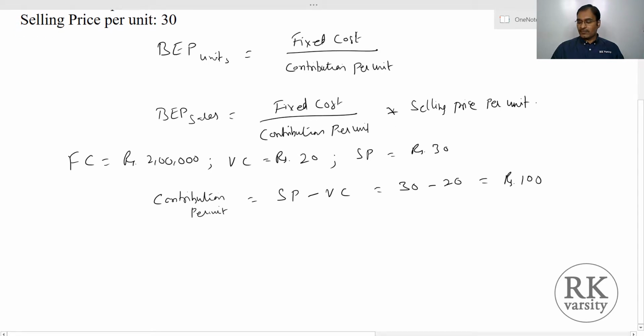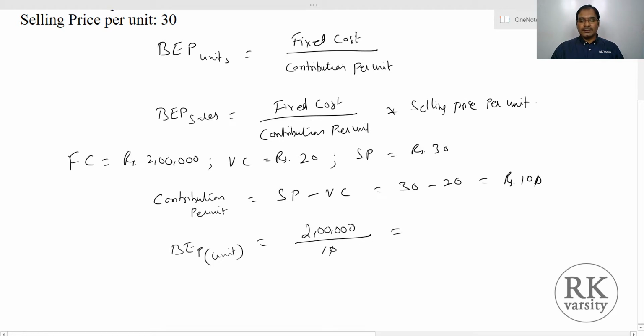Now our break-even point is fixed cost upon contribution per unit. So break-even point in units equals fixed cost, rupees 2 lakhs, upon contribution per unit, which is, sorry, I wrote it as 100 here, it is 10. So this equals 10.